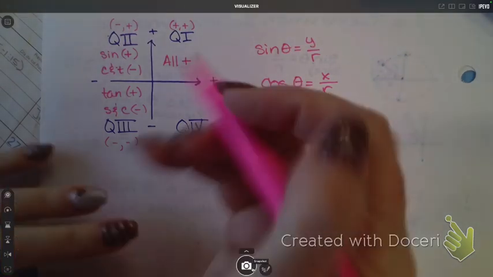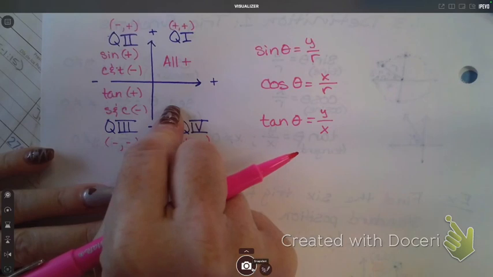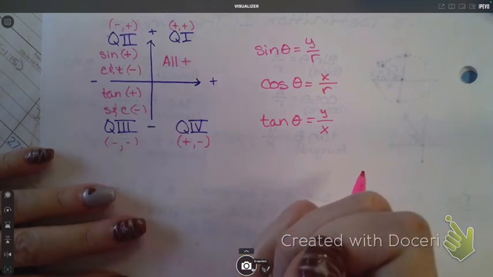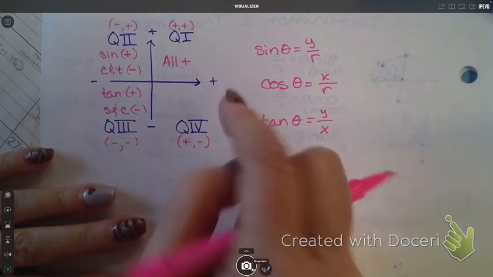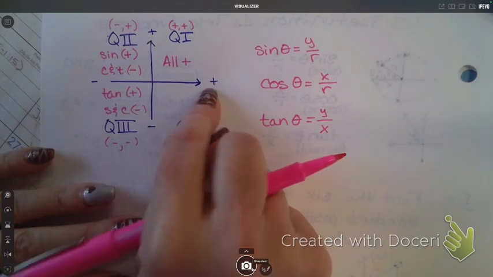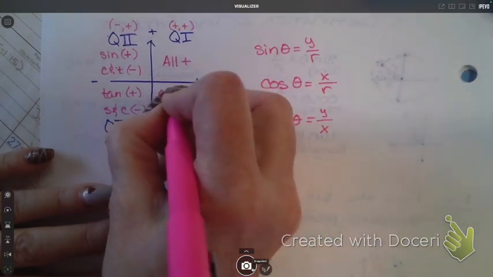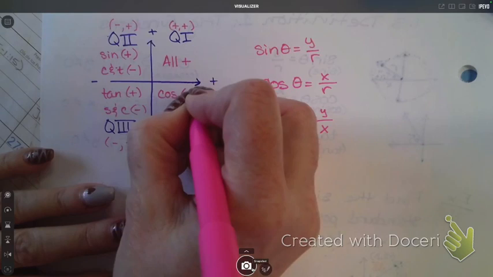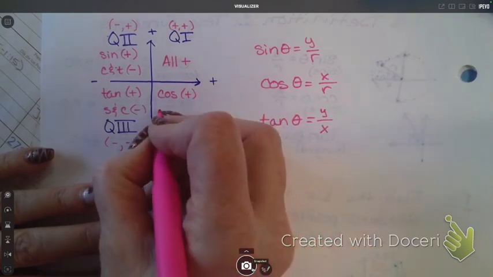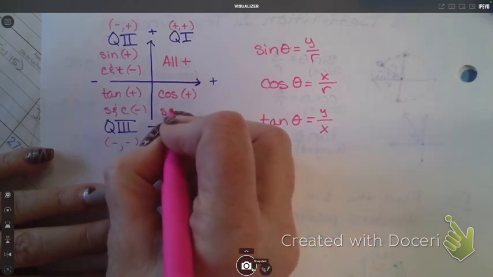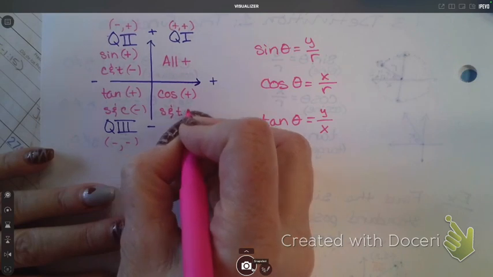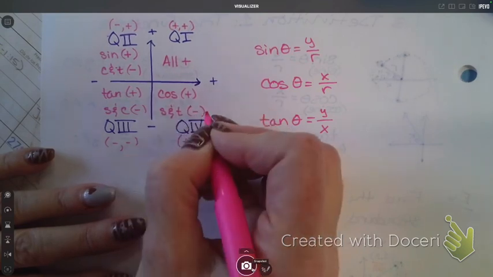Okay. So what's positive in the fourth quadrant? Cosine, because it's positive x. So cosine is positive, and what's negative? Sine and tangent. Now, when I talk about this, guys, I'm really just going to say which one's positive.